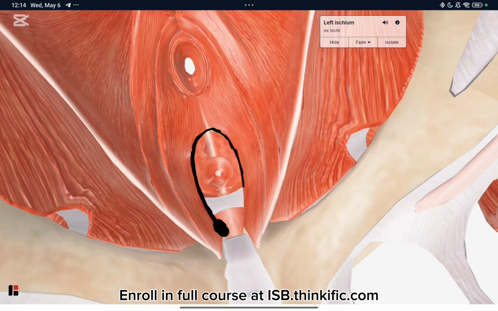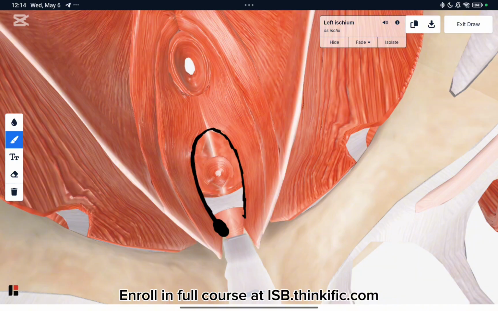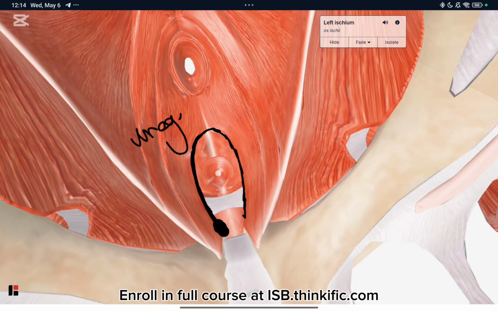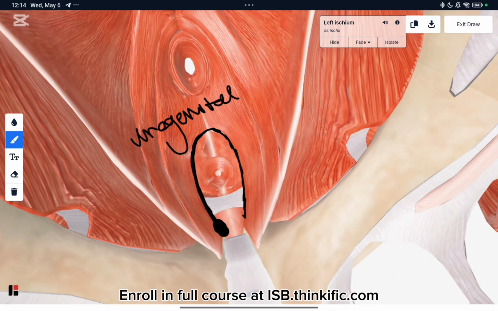This defect in the anterior region of the levator ani is referred to as the urogenital hiatus. This defect is there for the passage of urogenital structures. In the male, the urethra only. This is the male pelvis, so we only see one hole for the urethra. But there is also the vagina in females.